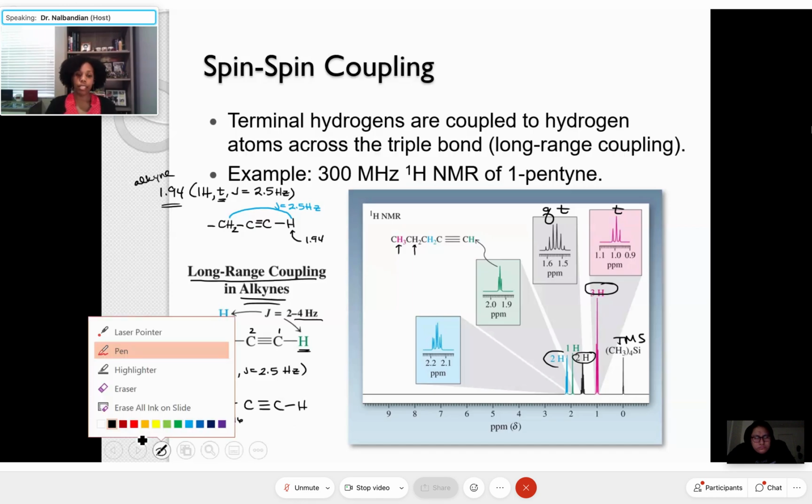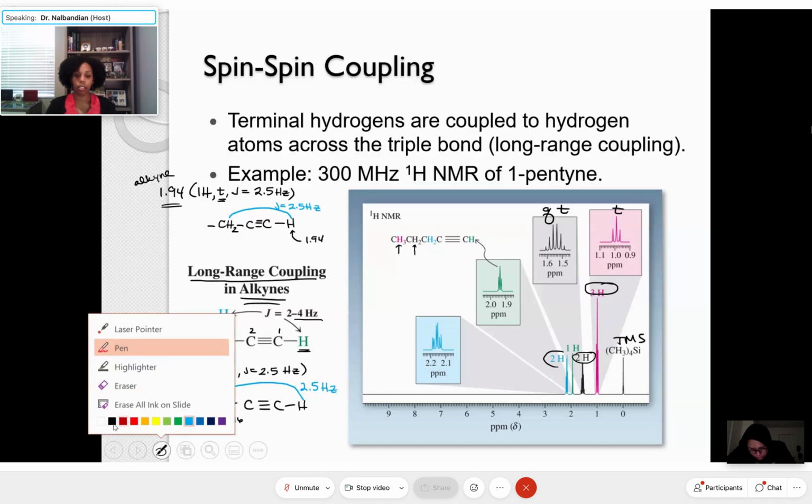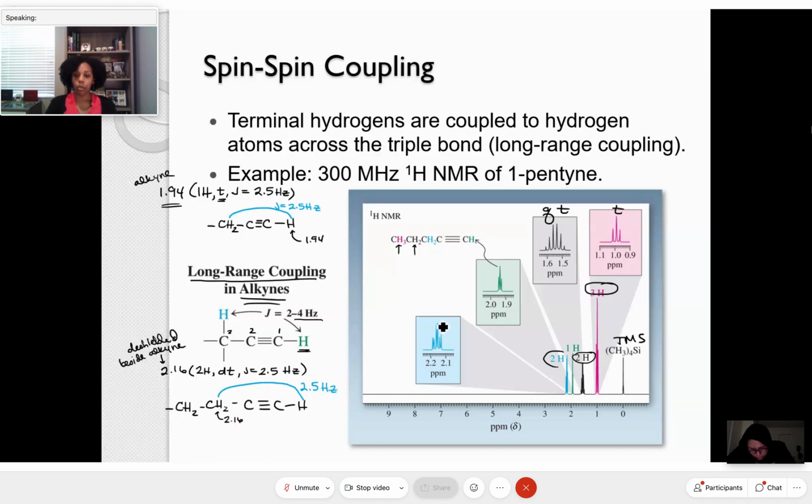And so again, we see that J value from these hydrogens to this hydrogen on the end of the alkyne, which would be 2.5 hertz. So look at what this looks like. It looks like a doublet of triplets. It looks like a triplet that's split into doublets. So we get this long-range coupling for alkynes. Questions on this?